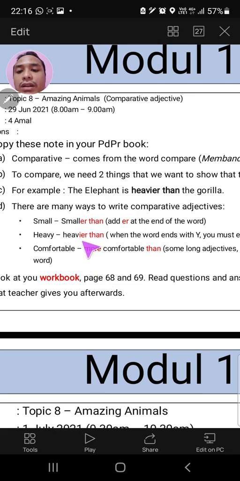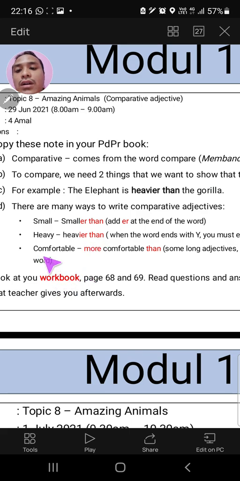Nampak? Saya padam Y, saya dah gantikan dengan IER. Okey. Bila berakhir dengan Y sahaja. Ini awak boleh ingat. Sebab kalau berakhir dengan Y, tak awak tambah ER kat belakang, tak cantik lah. Heavier dia, YER, tak cantik. Padam Y, tukarkan dengan IER macam ni.